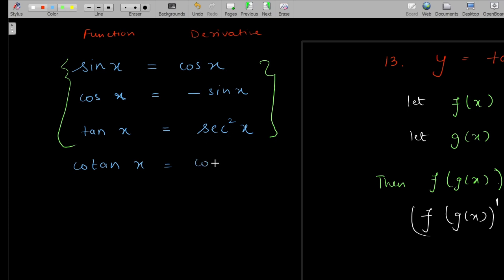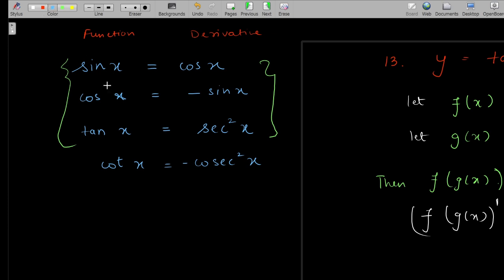So what do you get? Cosecant square. And put a negative sign. That's easy, right? Yes. Now you can remember this. Cotangent is written in short as cot. Now you will remember it for cotangent.